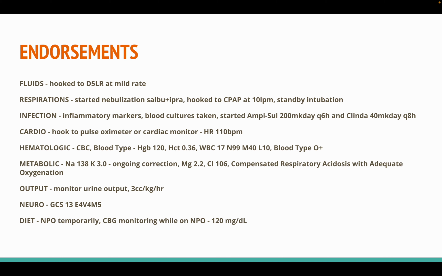So you can also say to your incoming resident na ongoing correction, magnesium of 2.2, chloride of 106, and then you already got the baseline ABG, which showed the result of compensated respiratory acidosis with adequate oxygenation. Ibutang na lang nato muna ang ABG.